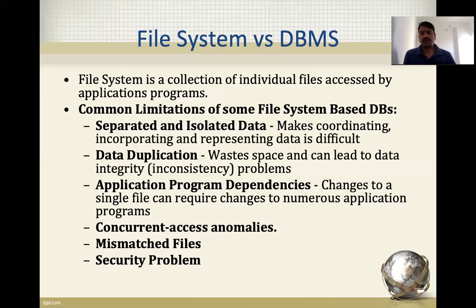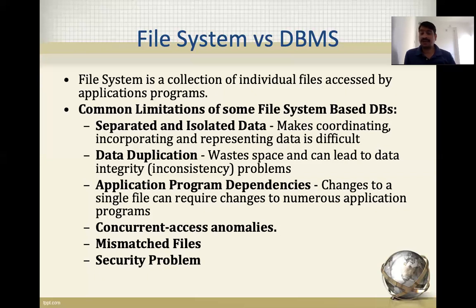Let's assume that one student has changed their branch, and is no more in my class. So I need to delete that particular student who is not in my class. When I delete in one file, it is not going to delete in another file, right? So I have to delete in both the files separately.